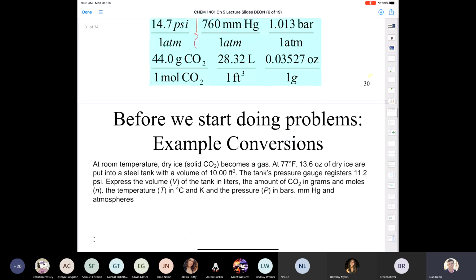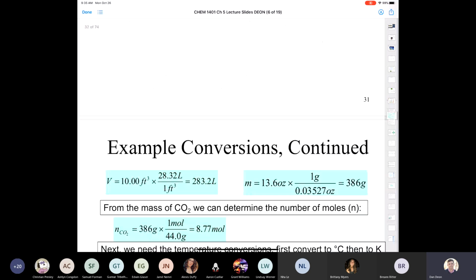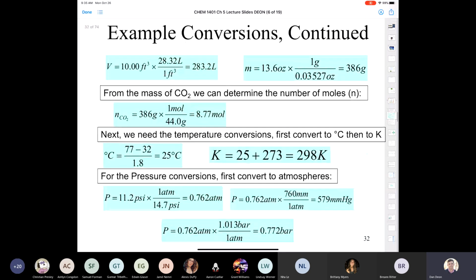Now let's move on to the next slide. I'm not going to walk through all these right now, but I have them all worked out over here. We have the volume in cubic feet, which is what was given to us in the problem. We know that there are 28.32 liters in 1 cubic foot, so we end up with 283.2 liters.